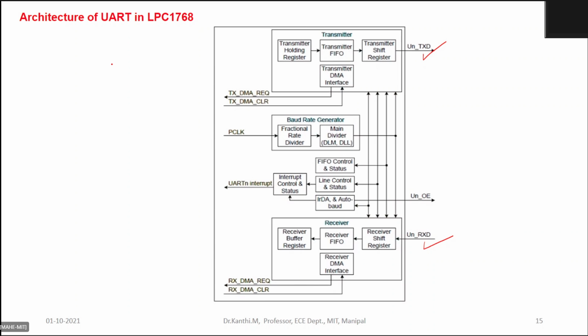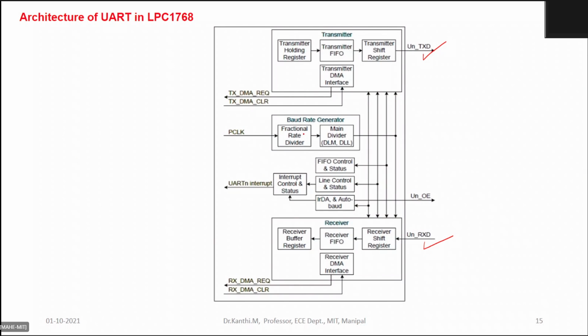If you look at the internal hardware architecture of the block, you have a transmitter holding register which holds the data to transmit, a transmitter FIFO, and a shift register.